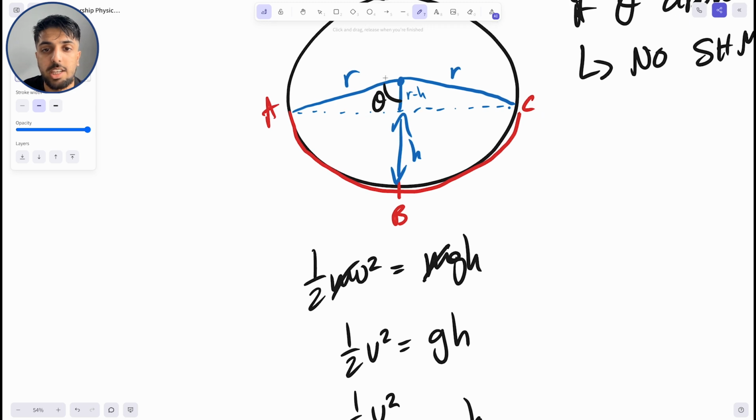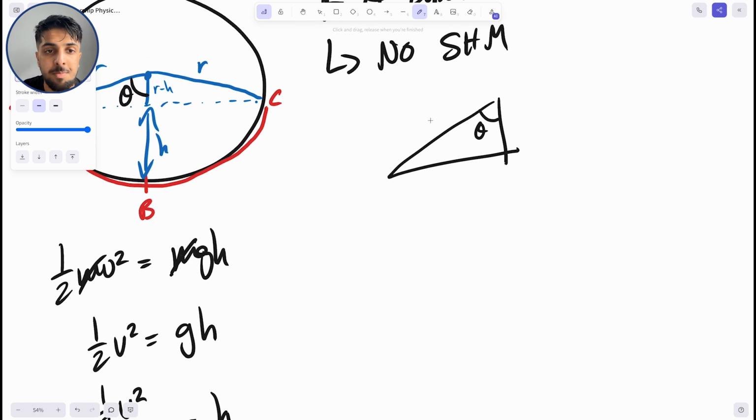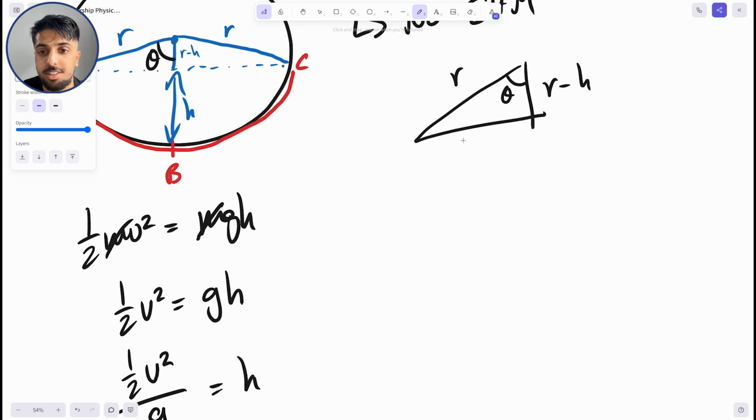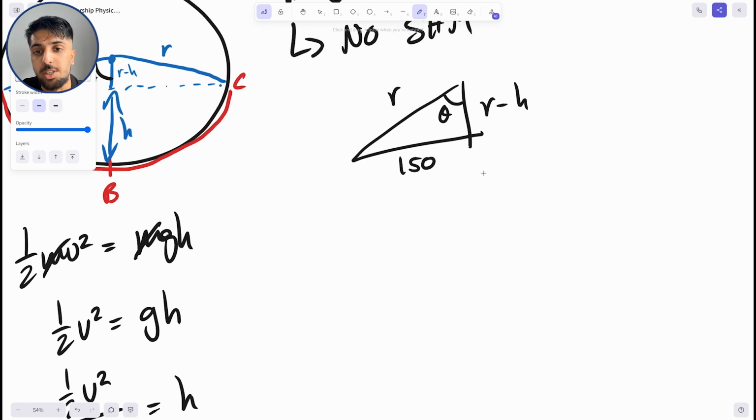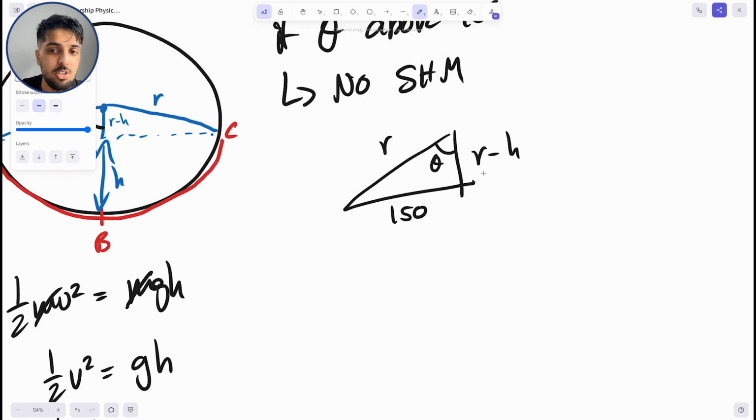Okay, so looking at this right angle triangle here, we can draw it out as so, where this is our theta, this is our radius, this is our r minus our h, and right here, this is our 150 meters, right? That's our amplitude. So currently, we know our height, however, we don't know our radius. But what we can do is use our Pythagoras to find out r.